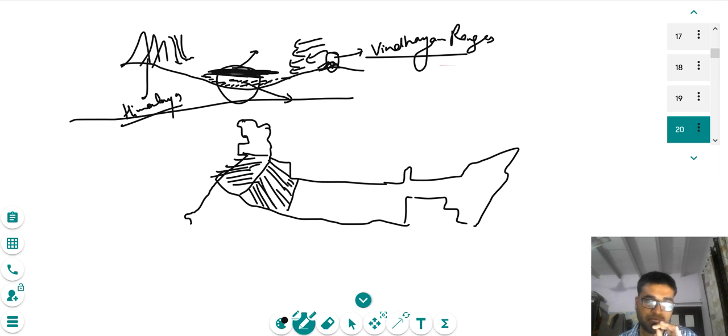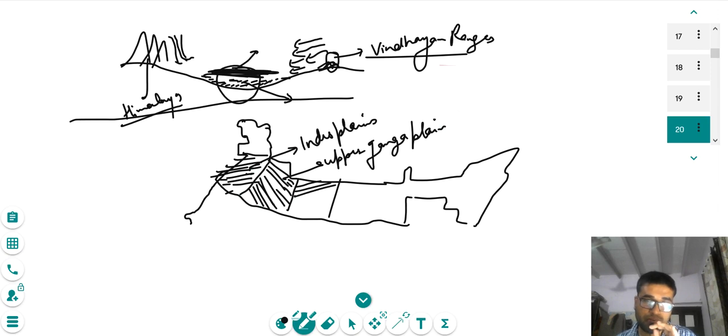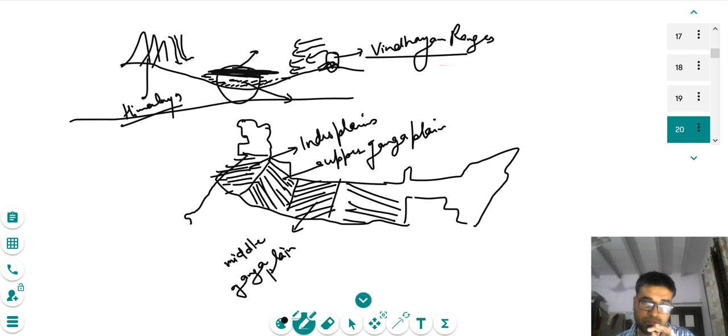This is the Middle Ganga Plain, and here you have the Lower Ganga Plains, right?